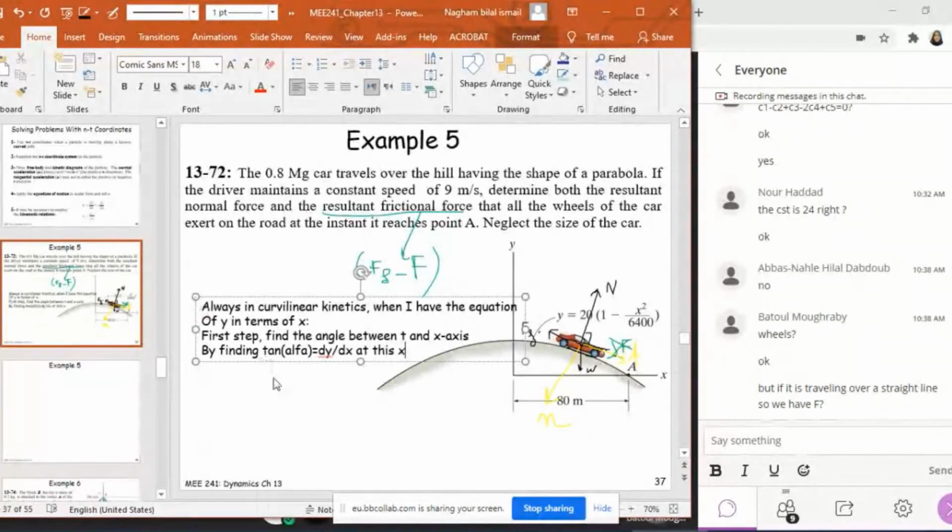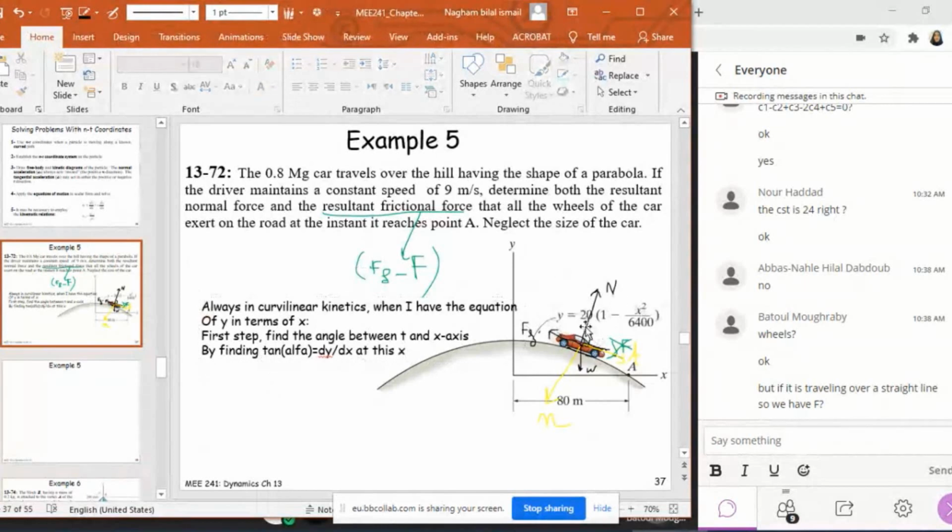Right, guys? So always, if I know the equation of y in kinetics, dy over dx will be the tangent of the angle done between the tangential direction and the x-axis.